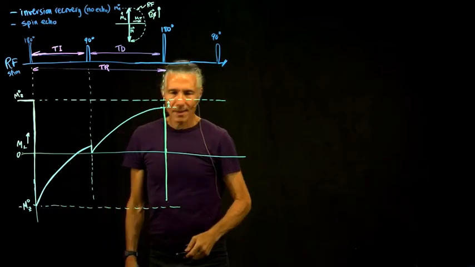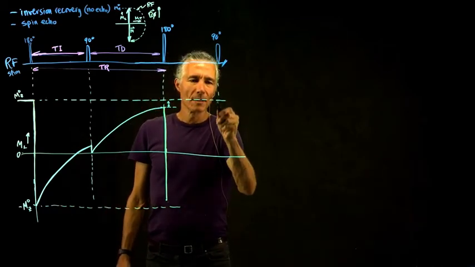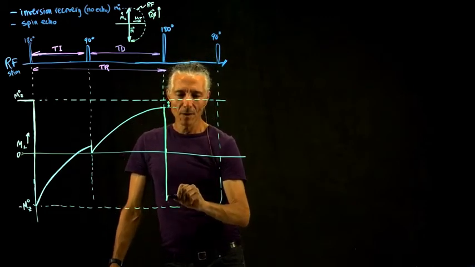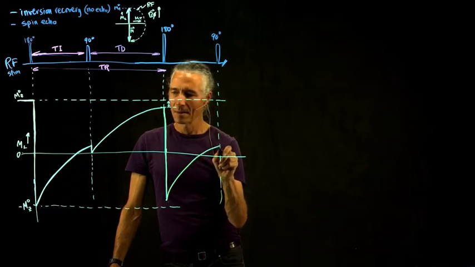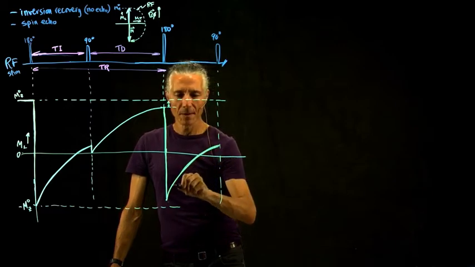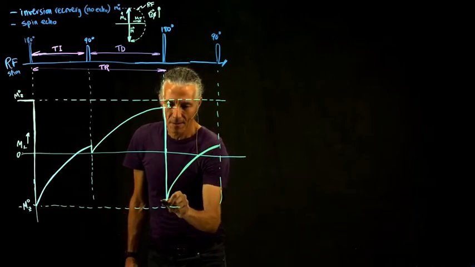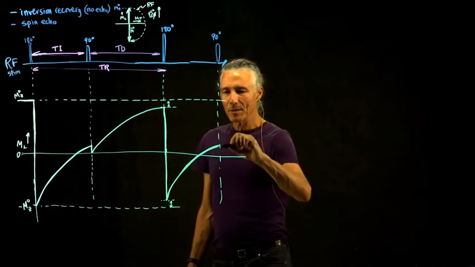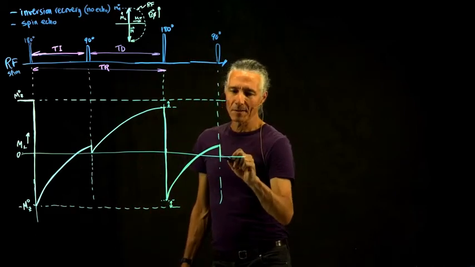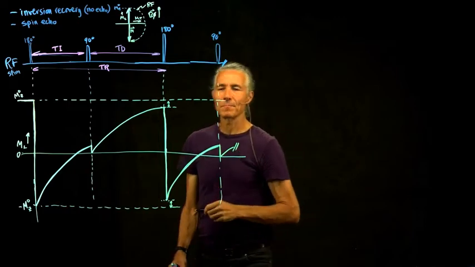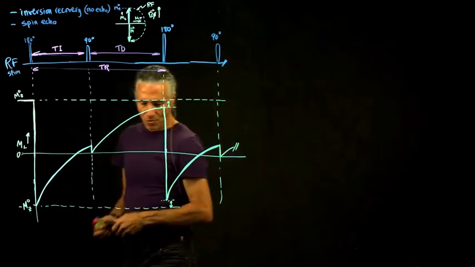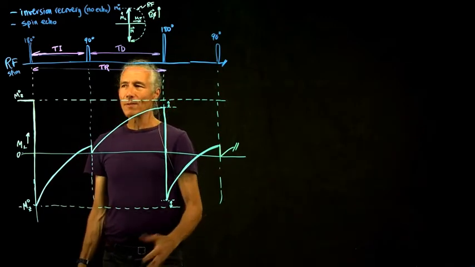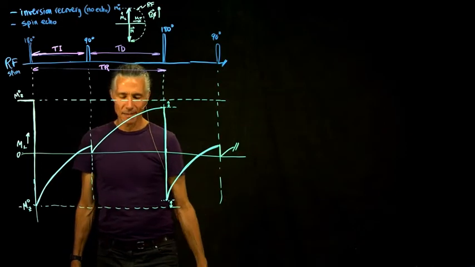Then we're going to recover for a while, but we're starting from a higher point. So we're going to recover to a higher point here than we did last time, because we started from a higher point right here. Then we'll do another 90, and some recovery will occur. What we want to do is figure out when we get to the steady state.